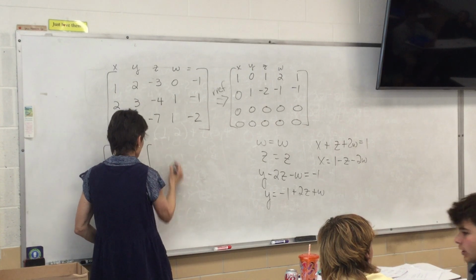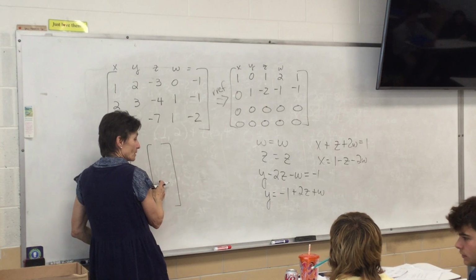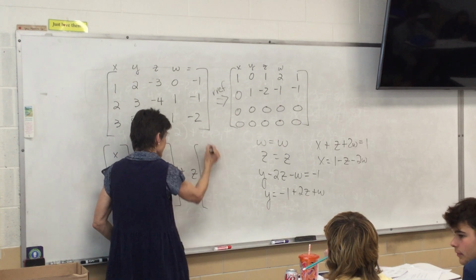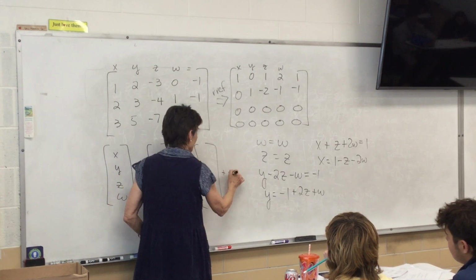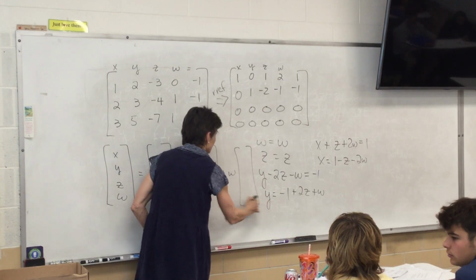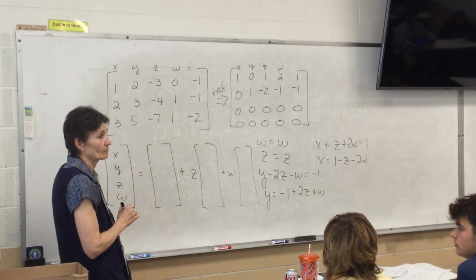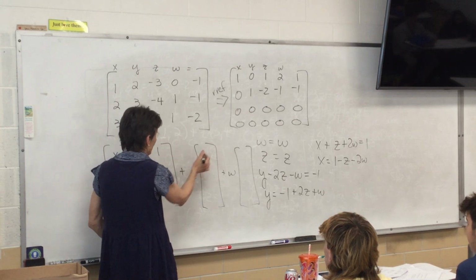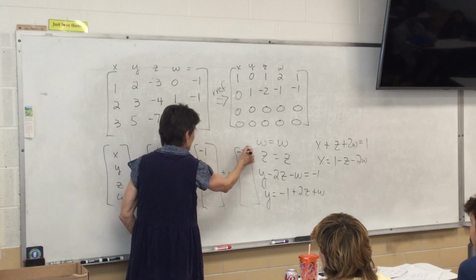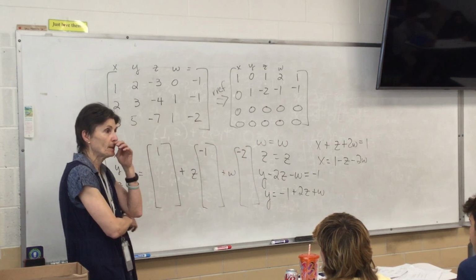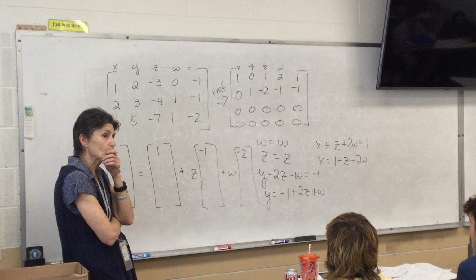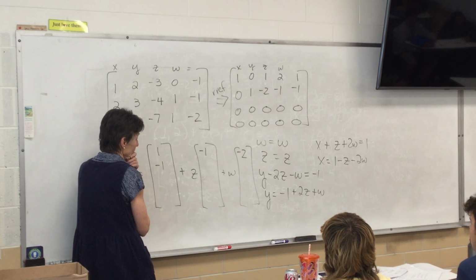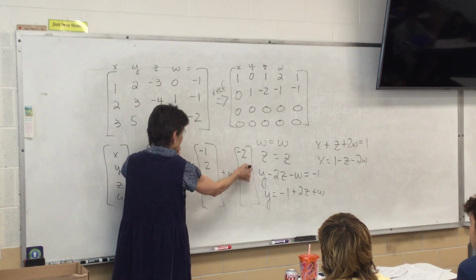So I'm gonna need a column or matrix for the numbers, a column for the Z's, and a column for the W's. So X will be 1 minus Z minus 2W. Are you following what I'm doing here? Y is negative 1 plus 2Z plus W.